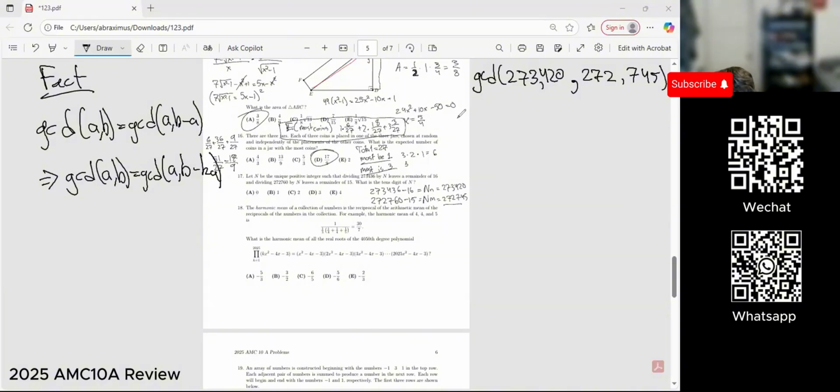So this is equal to the GCD of 273,420 and then 273,420 minus this number. So we are going to get, I want to say 600, no, more than that.